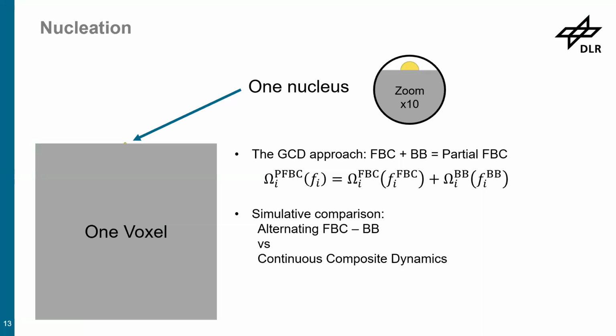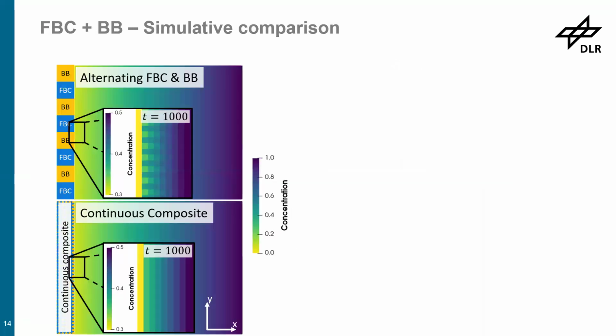And to prove that this works, I will be using a simulative comparison where I simulate the same setup, but once with an alternating boundary condition between bounce back and fully reactive voxels, and once with this new continuous composite dynamics. And over here, we can already see that it actually works surprisingly well.